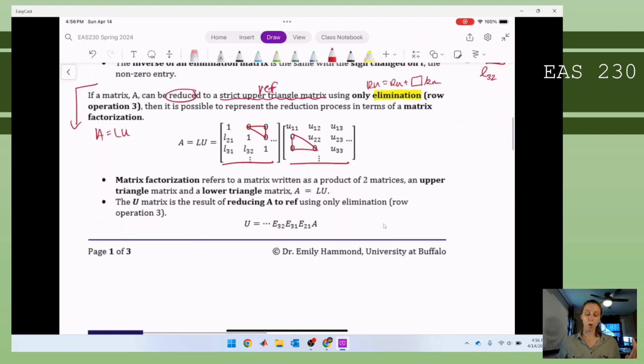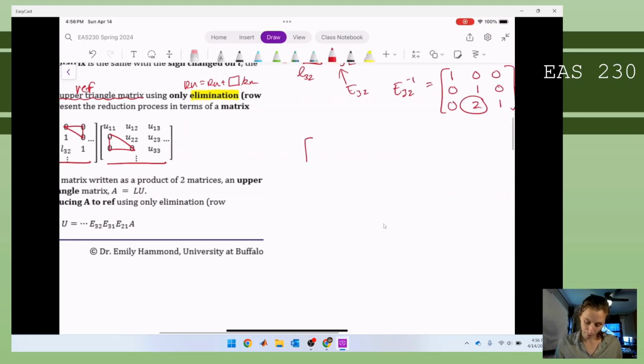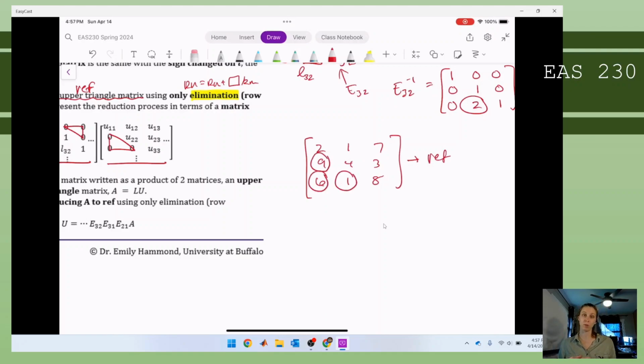So, what we're going to do for a 3x3 matrix, 2, 1, 7, 9, 4, 3, 6, 1, 8. For a 3x3 matrix, in order to get it into REF, I need to make this a 0, this a 0, and this a 0. I need to do 3 elimination steps to make my 3 zeros.